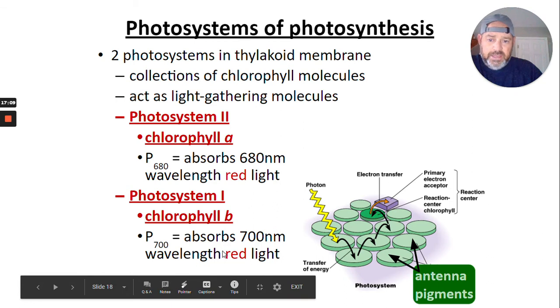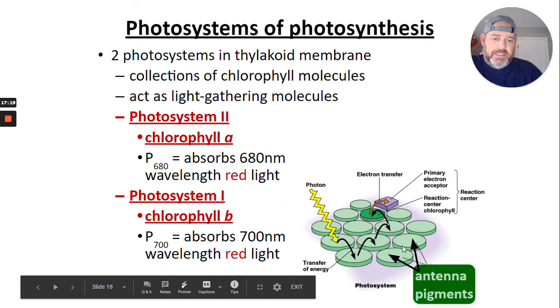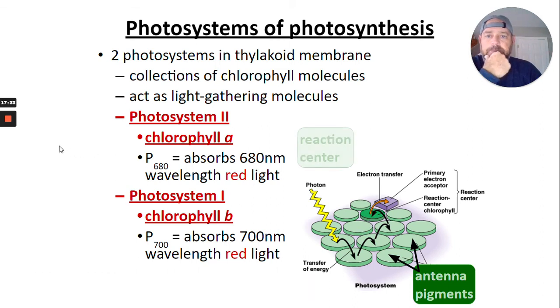And then chlorophyll B is also going to absorb some red light, but around 700 nanometers. And so what happens is when the light comes in, the photons come in, they're going to excite these electrons that are sitting here in these little receptors. And the electrons are then going to get excited and start getting ready to move and transfer. And we'll get to that in just 1 minute.